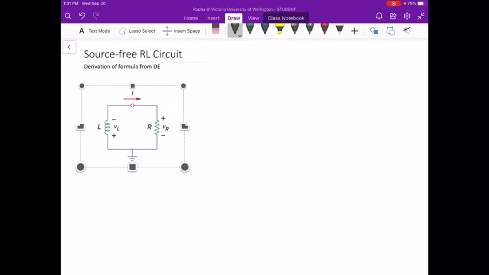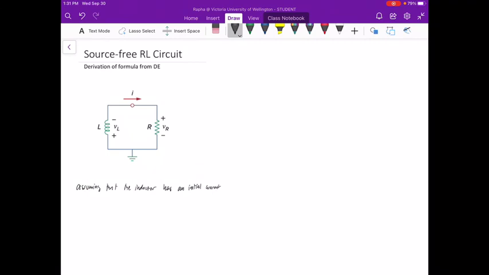This is the same diagram that we've seen a while ago, and assuming that the inductor has an initial current right after disconnecting from the source, our current then is I when t is equal to 0, which is equal to I sub 0 and is therefore constant.